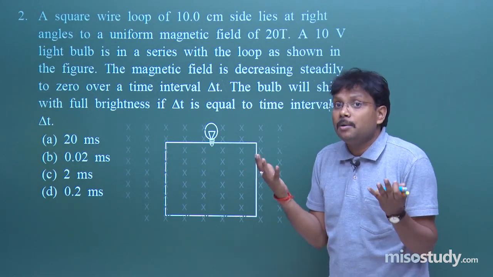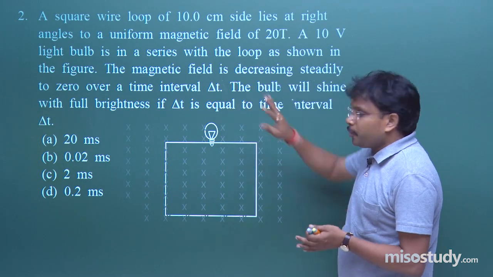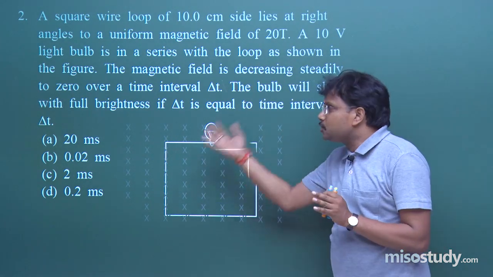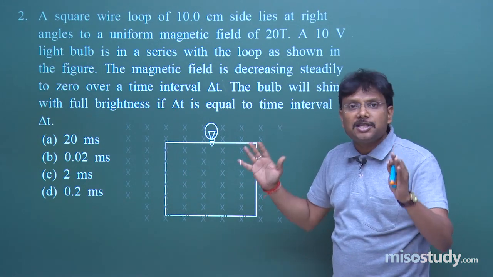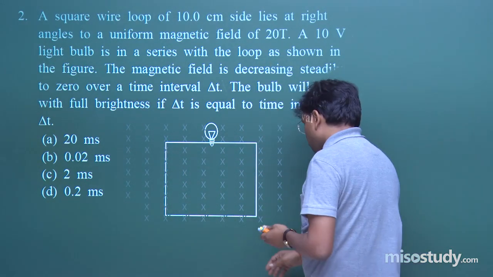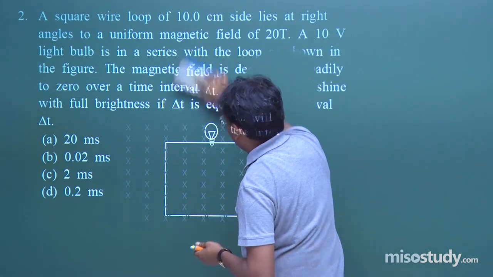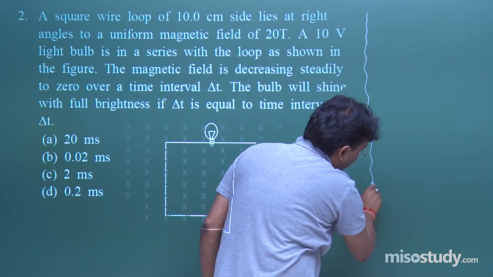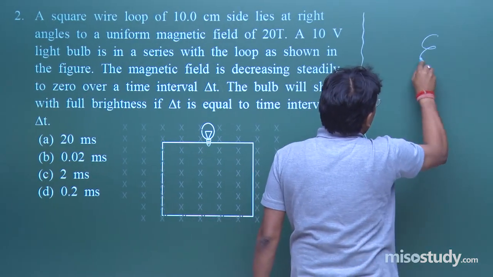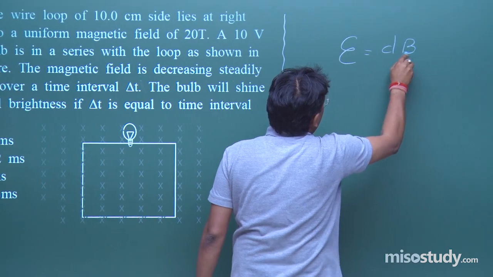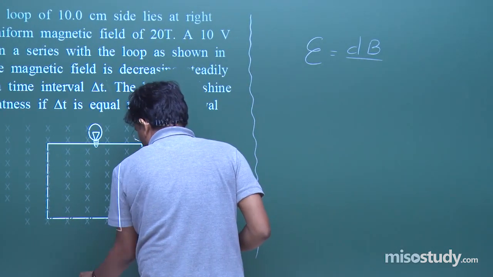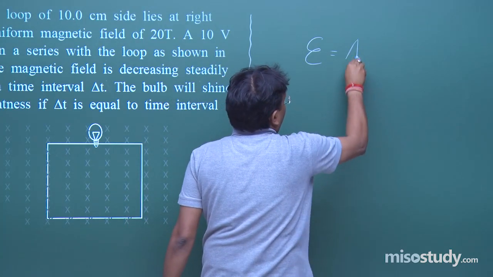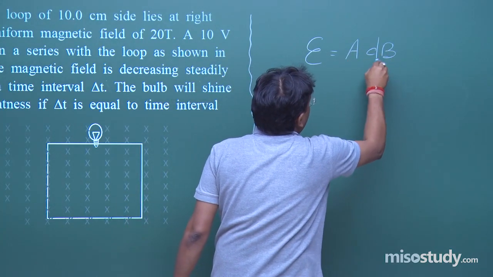That is exactly your problem. This particular question is nothing but based upon the formula which I explained just 2 minutes back for the first question. So, let me write all these formulae once again for the solution of this problem. It is A dB by dt.